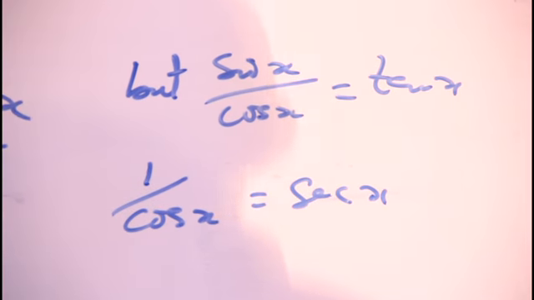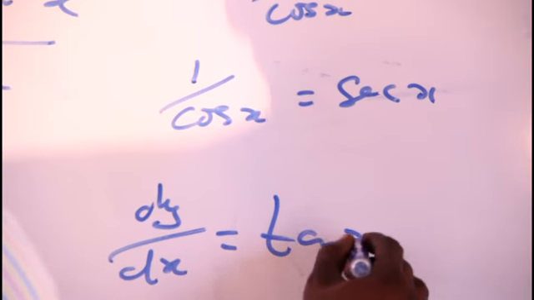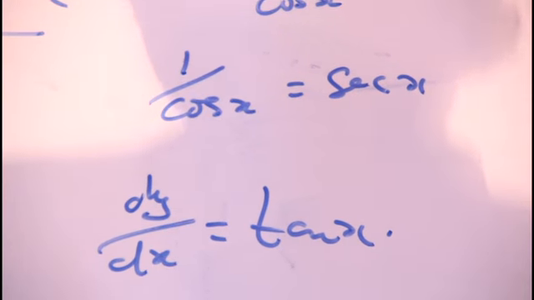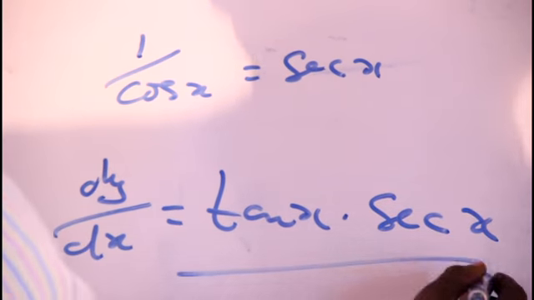Finally, dy over dx will be equal to tan x times sec x. This is our derivative.